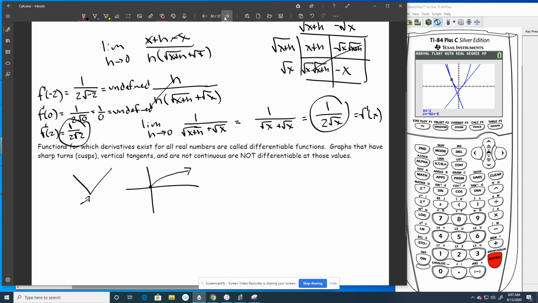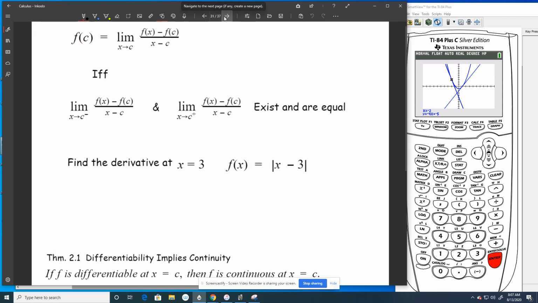Okay. So a quick example, and then we'll let you get onto some practice. Okay. So what this is saying is f prime of c equals the limit as x approaches c of f of x minus f of c over x minus c. So what this is saying is at this point, it's differentiable if and only if the limit exists on the left, a limit exists on the right, and those limits are equal.